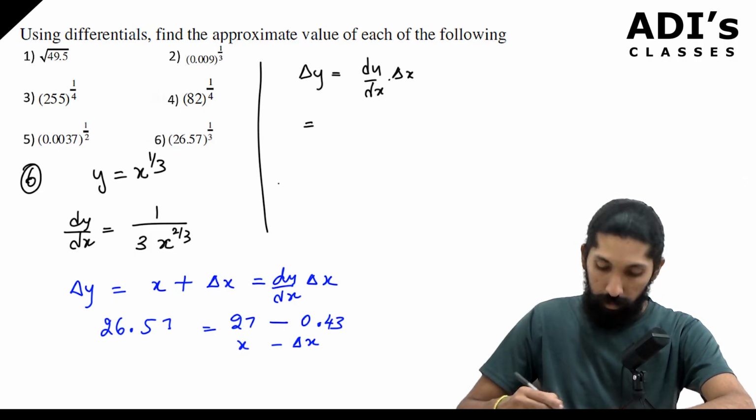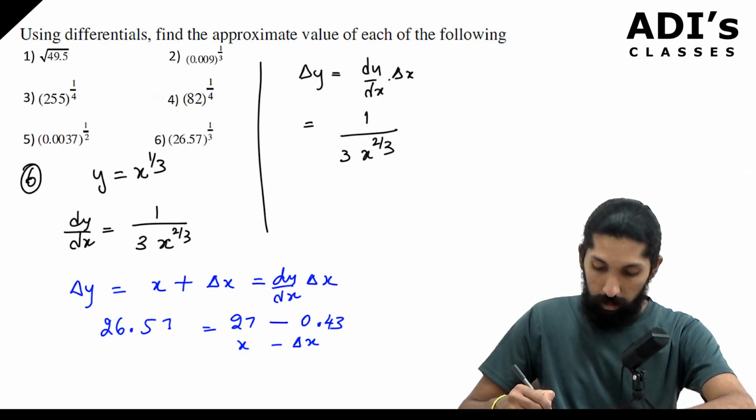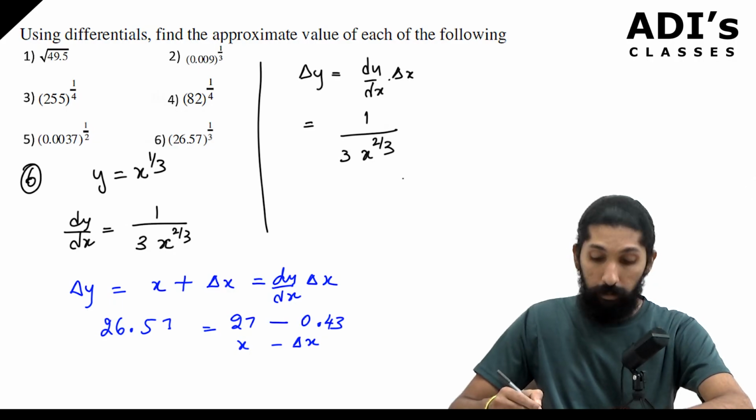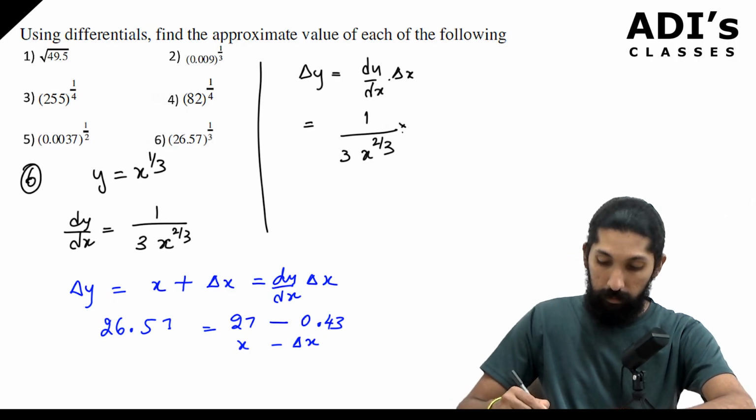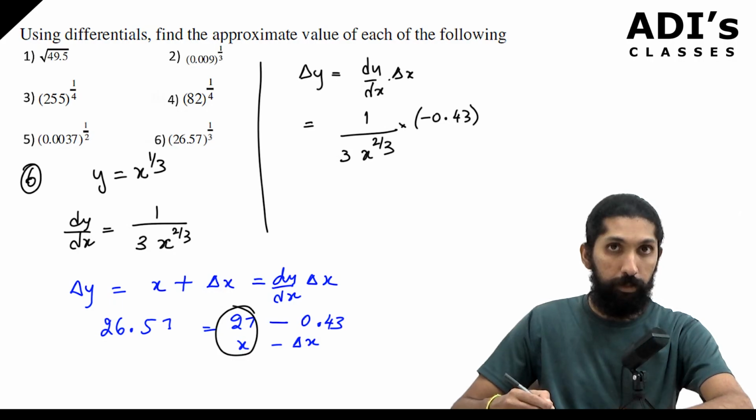Then substitute dy by dx, 1 by 3 into x power 2 by 3, into delta x, which is minus 0.43. Substitute x as 27. See, x is 27. Substitute.